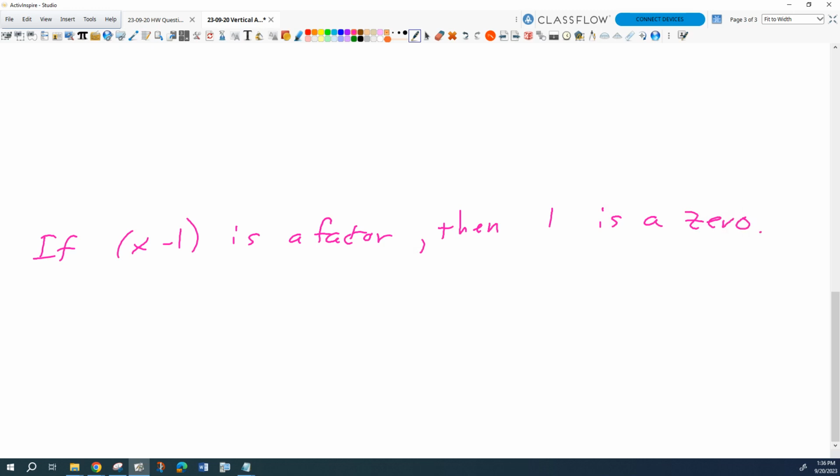So we could set up a synthetic division bracket, and we're going to input the 0, 1. There's the x value we're going to divide through.